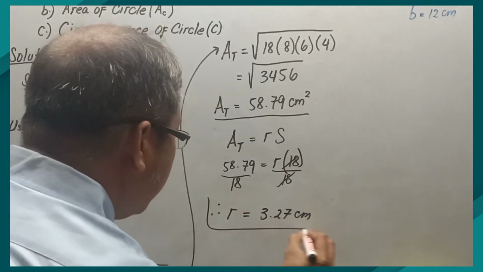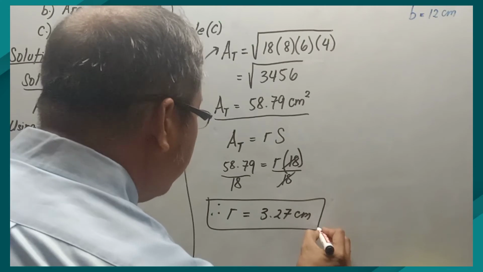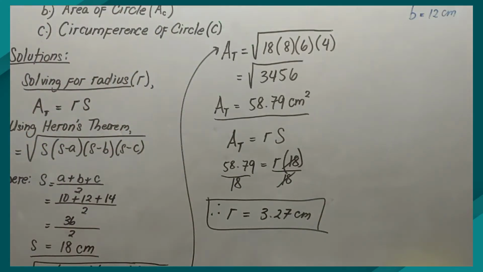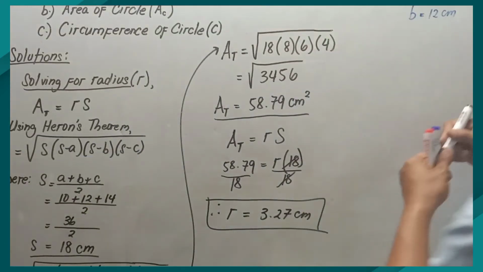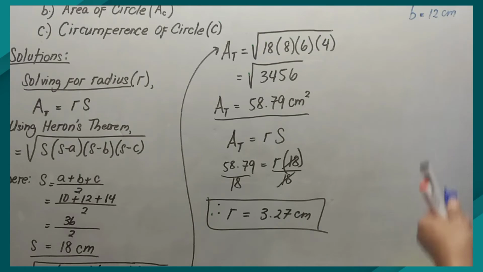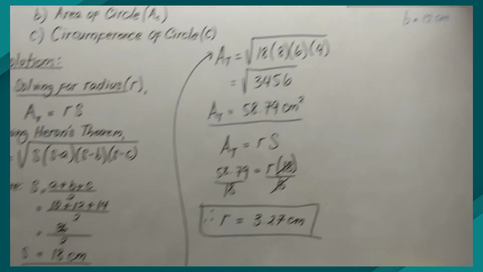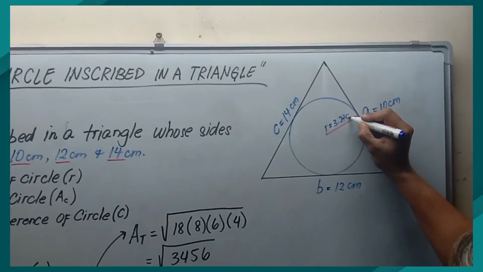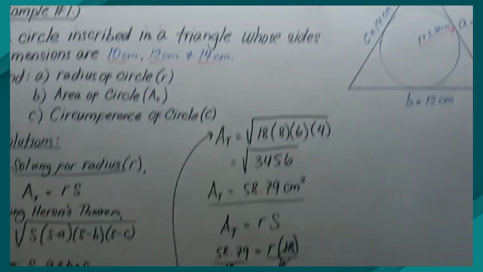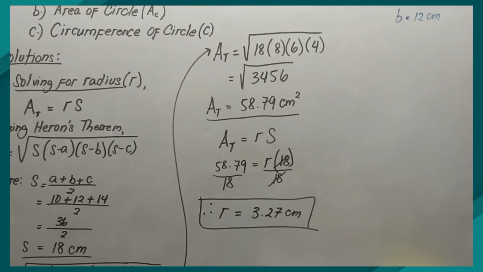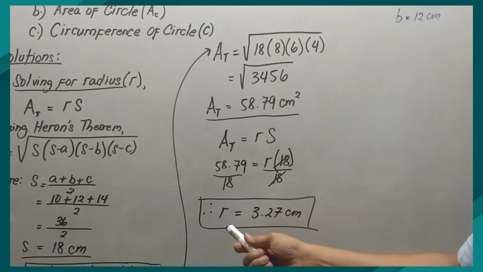So this is the answer for the first requirement, radius. Okay? So here R will be, okay, R is equal to 3.27 cm. Okay, guys. So the first requirement is already calculated.